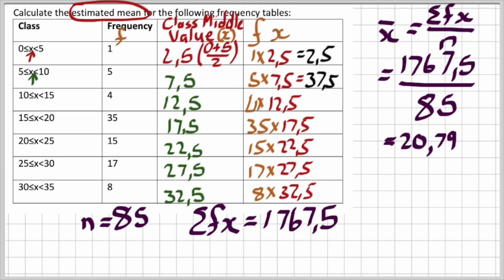And this would tell me that, well, on average, that person got 20,79. Does it really make any difference? Well, we don't know. The power of statistics comes in when we can compare this to another grade, or a year from a previous grade, or a universal standard of what we expect kids to be getting.